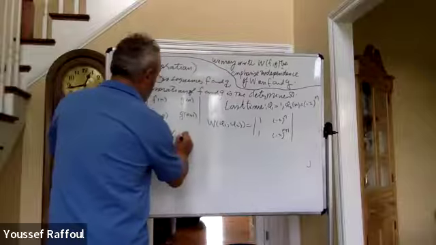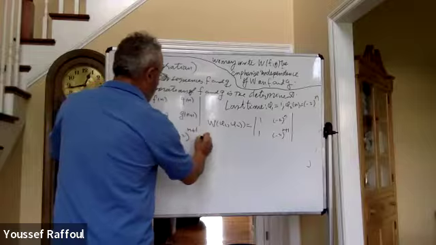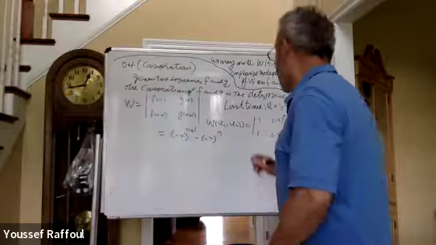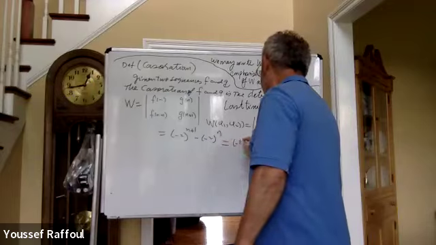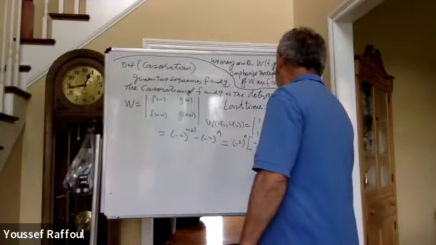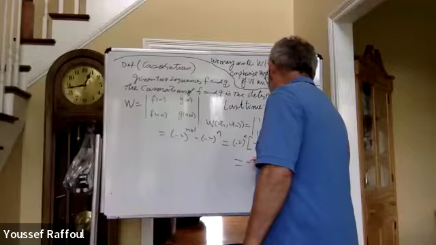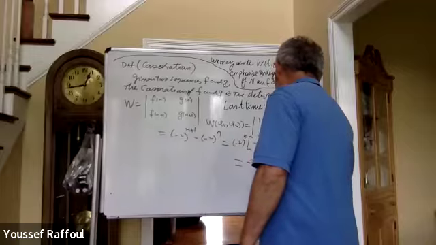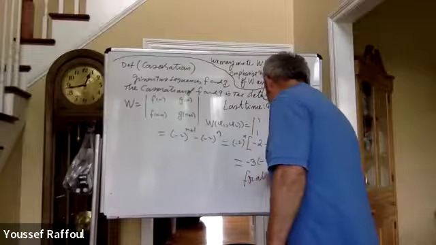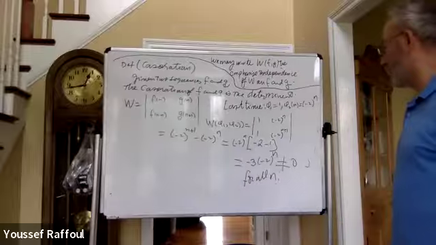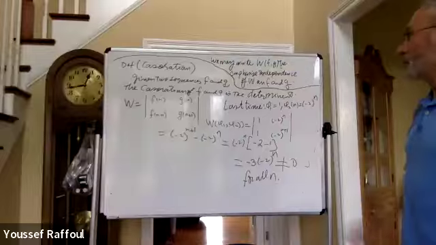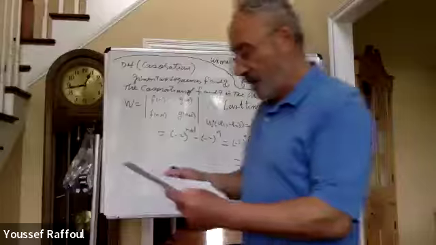That is equal to (minus 2)^(n+1) minus (minus 2)^n. If I factor out (minus 2)^n, I get minus 2 minus 1, that is minus 3 times (minus 2)^n. That is different from 0 for all n. Okay? So, of course, these functions are linearly independent.